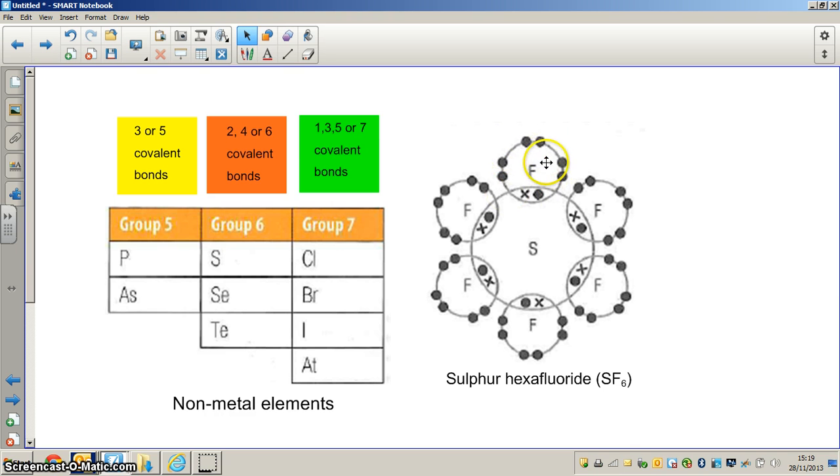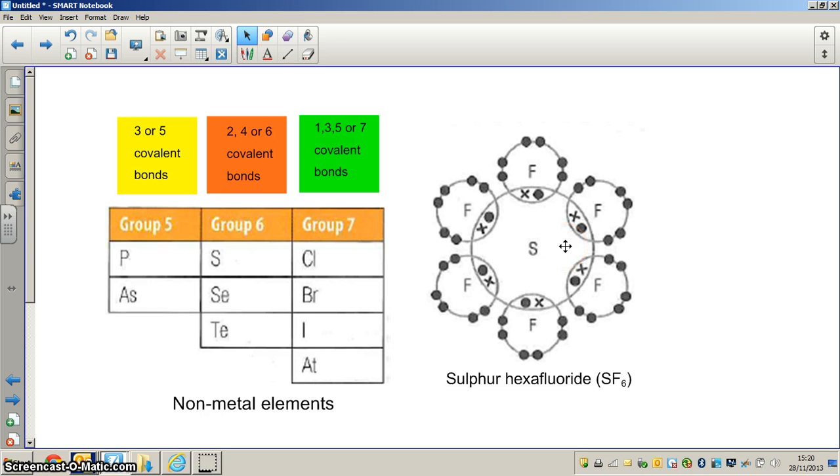Fluorine obeys the octet rule, each fluorine having 8 electrons, 7 of its own and 1 shared from the sulfur. But if you look at sulfur, it's sharing its 6 electrons with 6 electrons from 6 fluorines, so there's actually 12 electrons sitting in this ring.